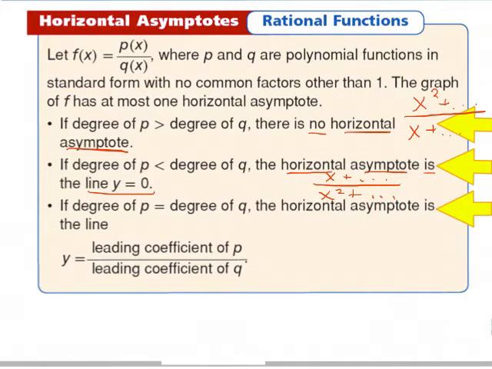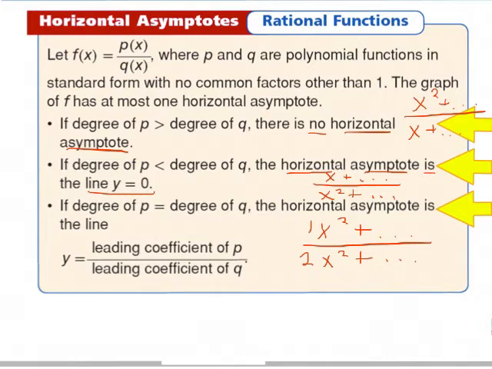Now, if the degree of p of x equals the degree of q of x, let's say that I have x squared plus whatever, and on the bottom, let's say that I have 2x squared plus whatever. Now, I'm going to put a 1 in front of that p of x there.